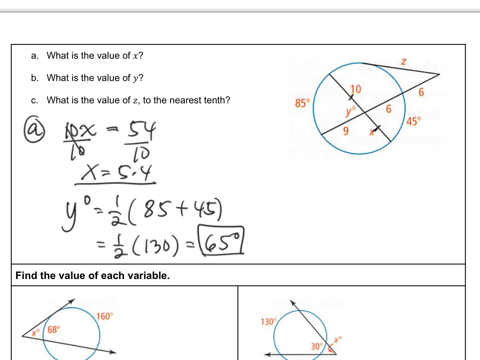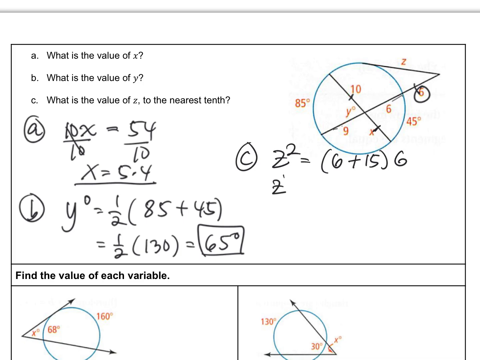Okay, last, what is the value of z to the nearest 10? Okay, here what we're going to do with letter c here is c squared is equal to, the first one first is going to be outside, that's going to be 6, and then the one inside, 9 plus 6 is 15, and then multiplied by the one outside. So z squared is equal to, okay, 15 plus 6 is going to give you 21, then we multiply that by 6, so that's going to give you 126.